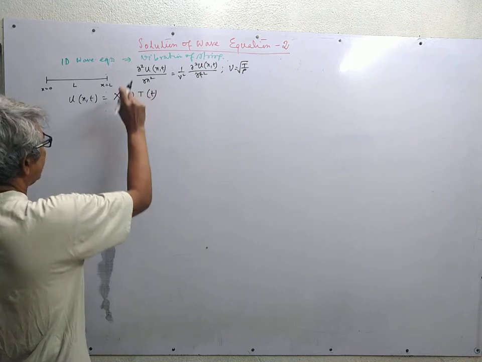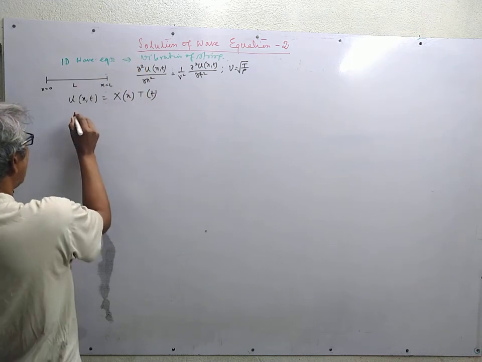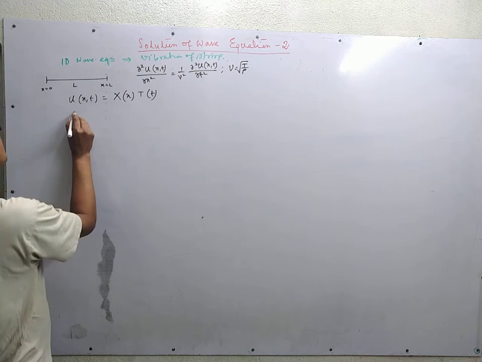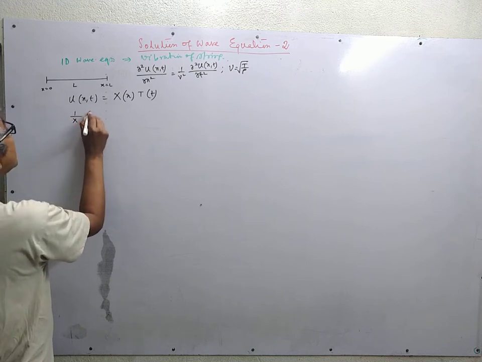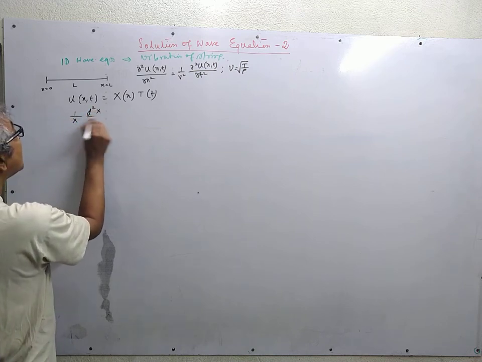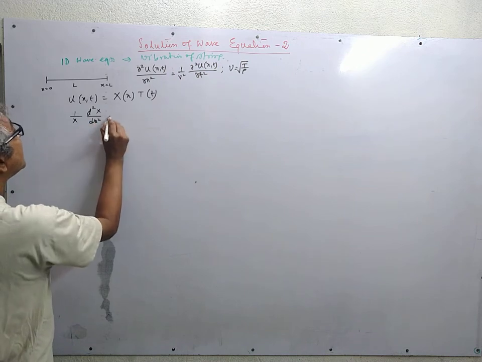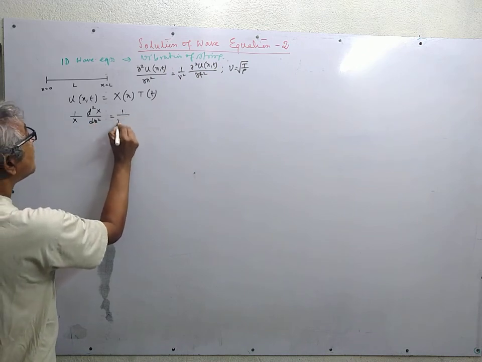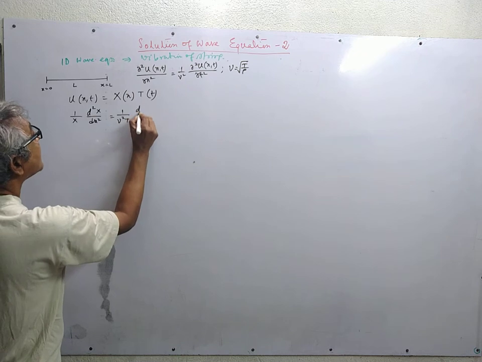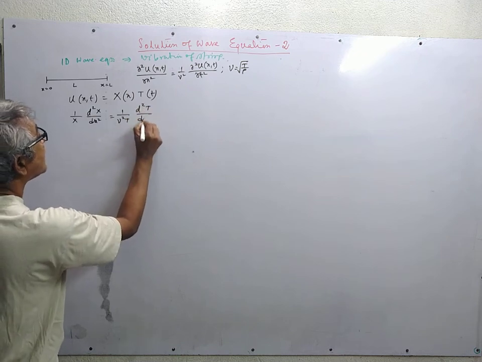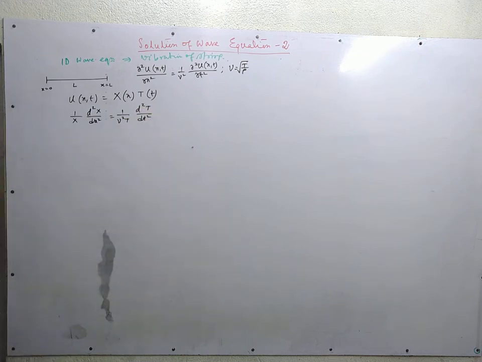When we plug this in, for a non-trivial solution, the left hand side is a function of x only and the right hand side is a function of t only.